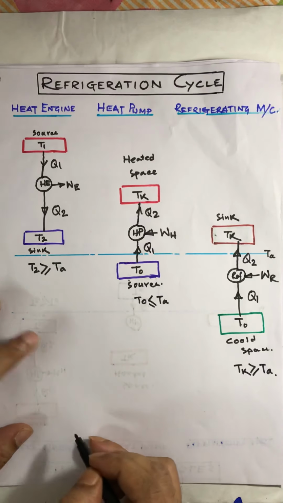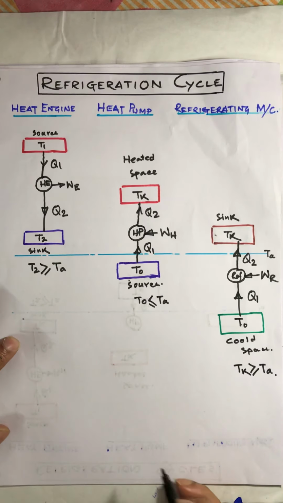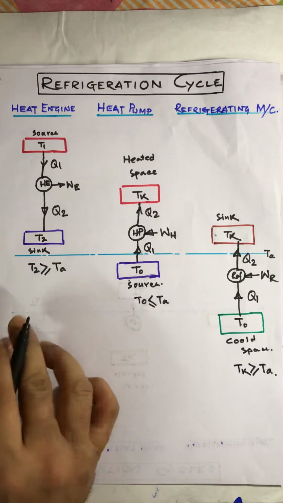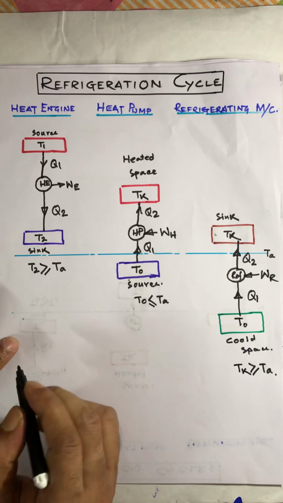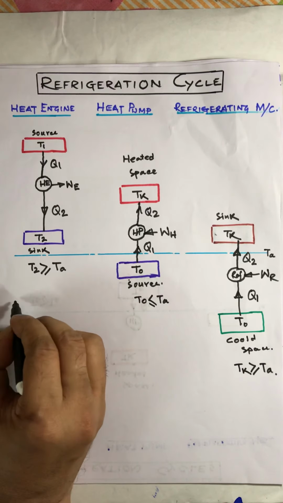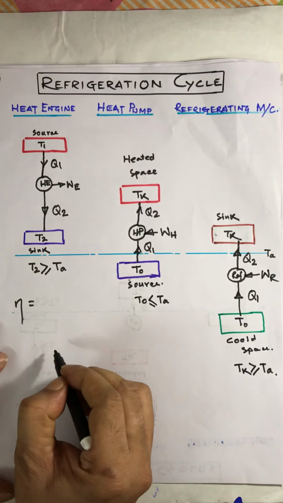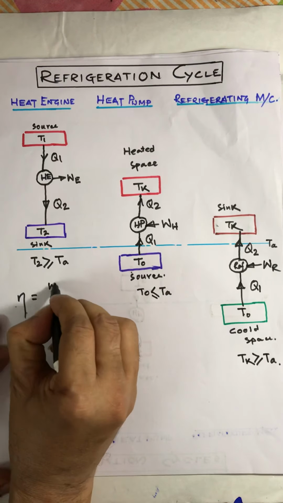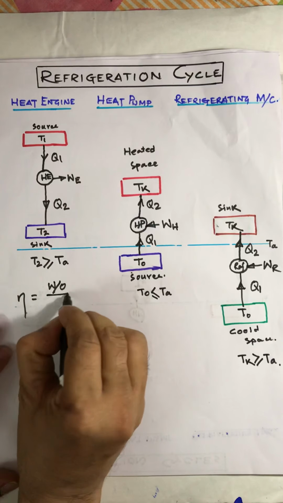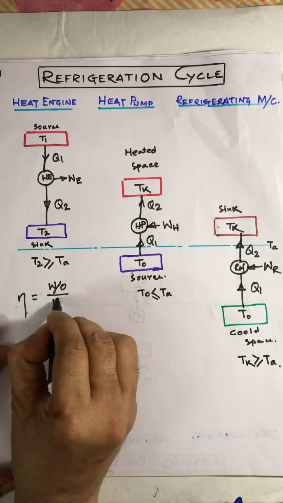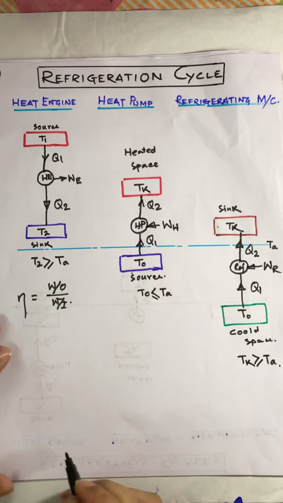Now, the performance of the heat engine, as we know, is defined by the efficiency. Efficiency of the heat engine is equal to work output divided by heat input.